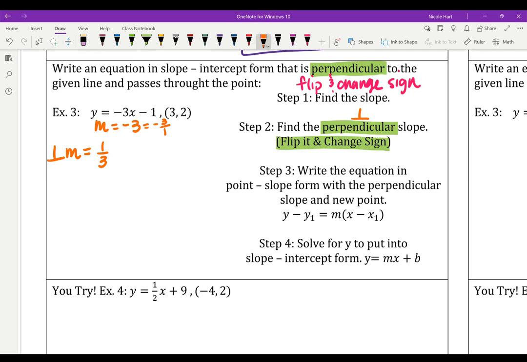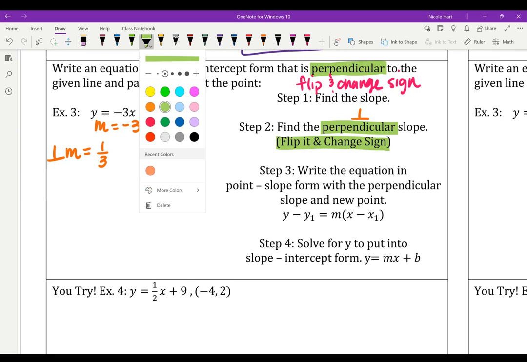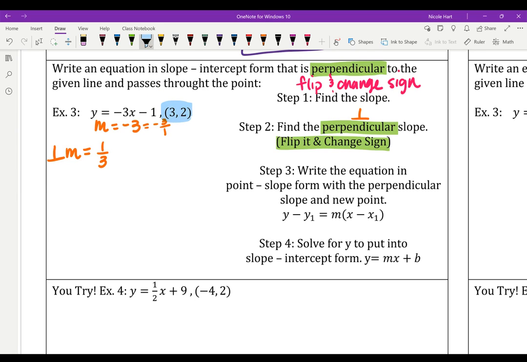Then we are going to write our equation in point slope form with the new point, our new point being 3, 2. That is going to be our x1, y1. Those are going to go in the place here and here.